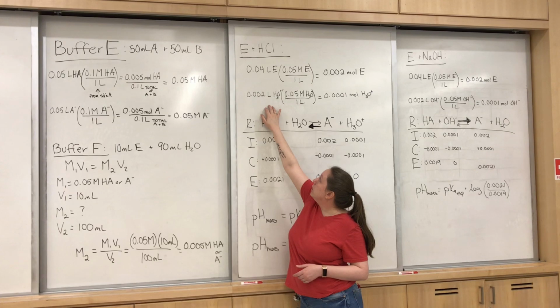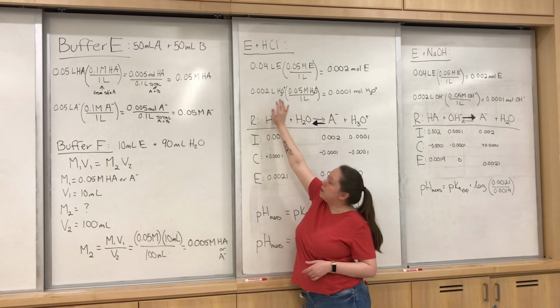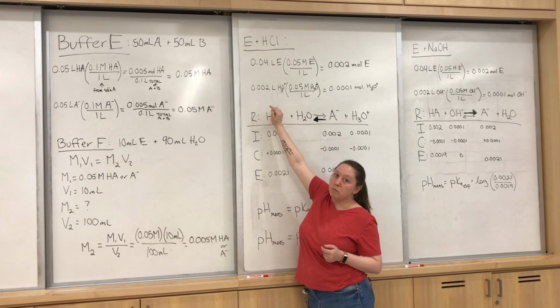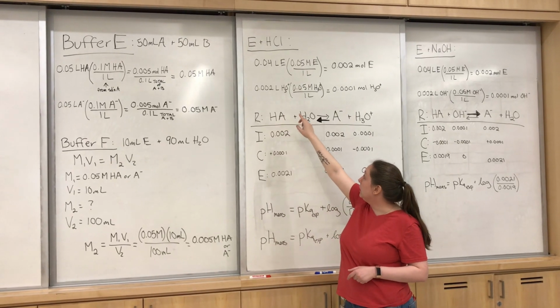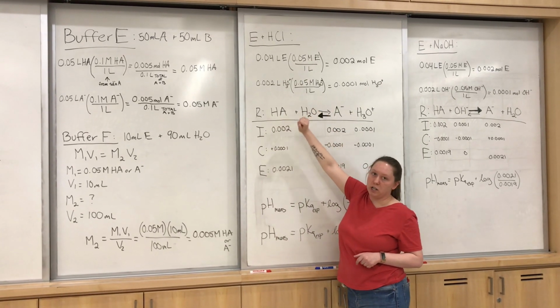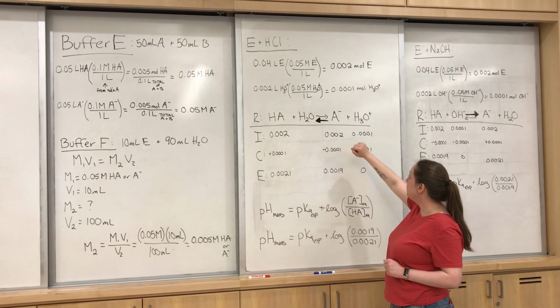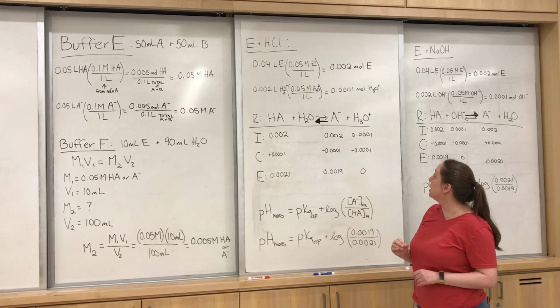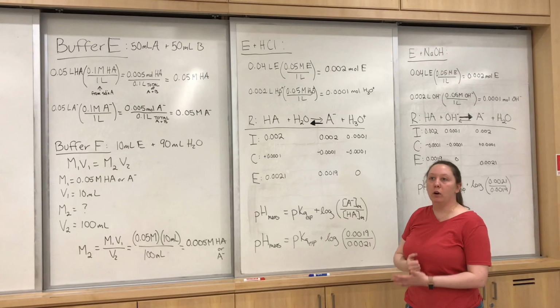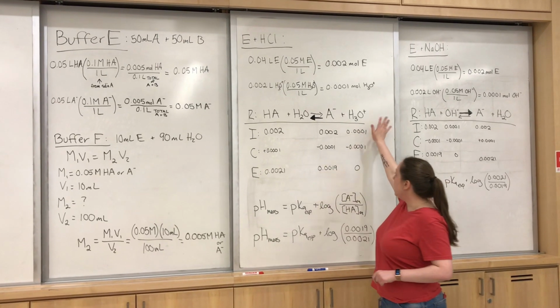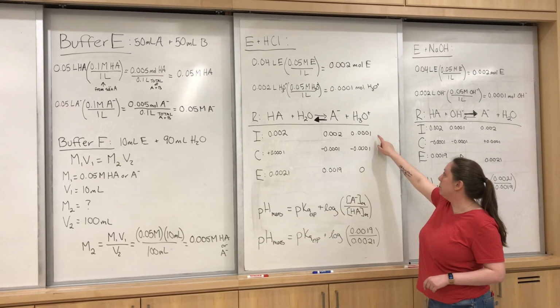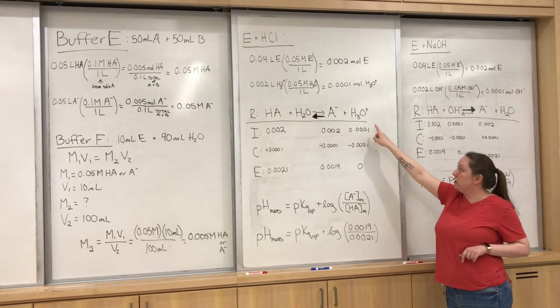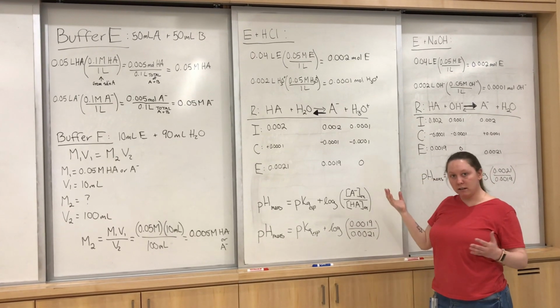So 2 mL of H3O plus, or 0.002 liters. We know the concentration is 0.05. And that means we are reacting 0.0001 moles of H3O plus. So that is our initial amount of H3O plus that we're adding.